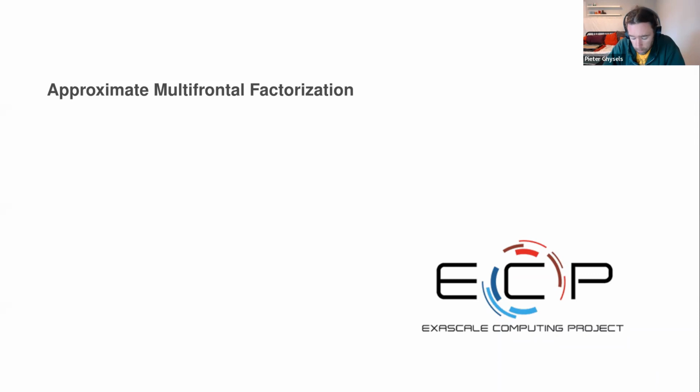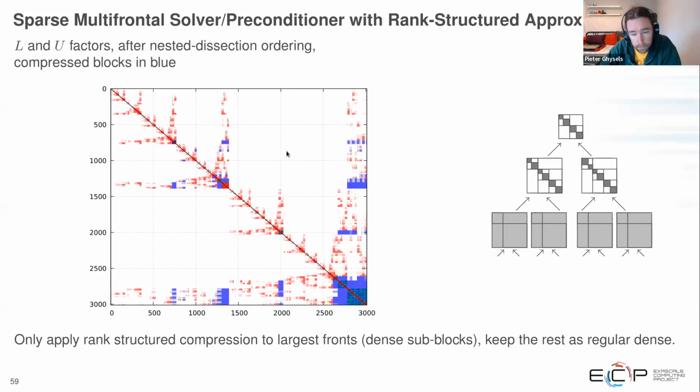So now we can combine these rank structured matrix representations with the approximate sparse multifrontal factorization. So that's just briefly illustrated here. So remember we have this separator tree or the supernodal tree. These dense blocks, for instance, this block corresponds to the root separator, which appears here at the bottom right of the reordered sparse matrix.